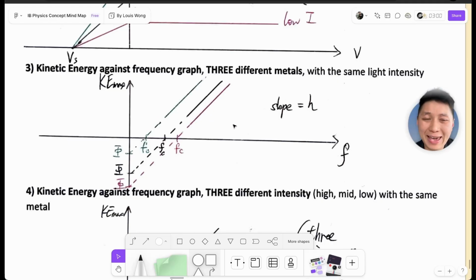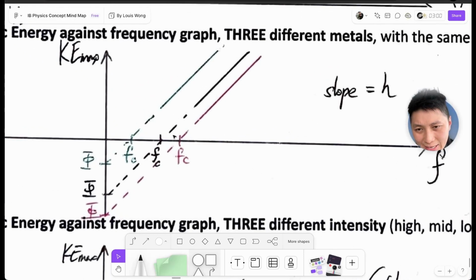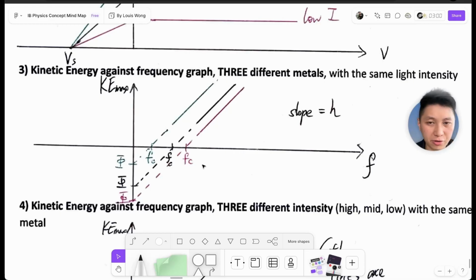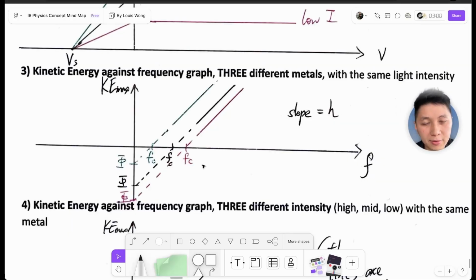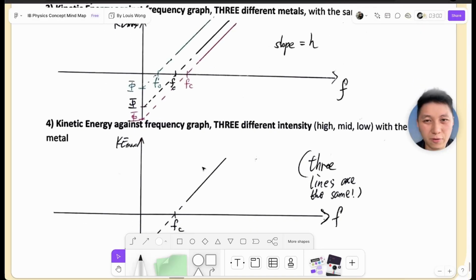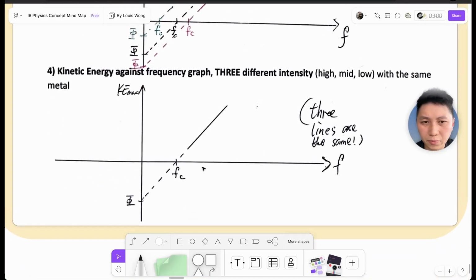They are all h, Planck's constant, so it's a constant. That's why when I draw these 3 lines, no matter what metals, they are parallel because they have the same slope. On the x-intercept, I wrote fc, referring to critical frequency. They have different critical frequencies because they have different work functions and therefore different requirements for the minimum frequency to overcome that work function.